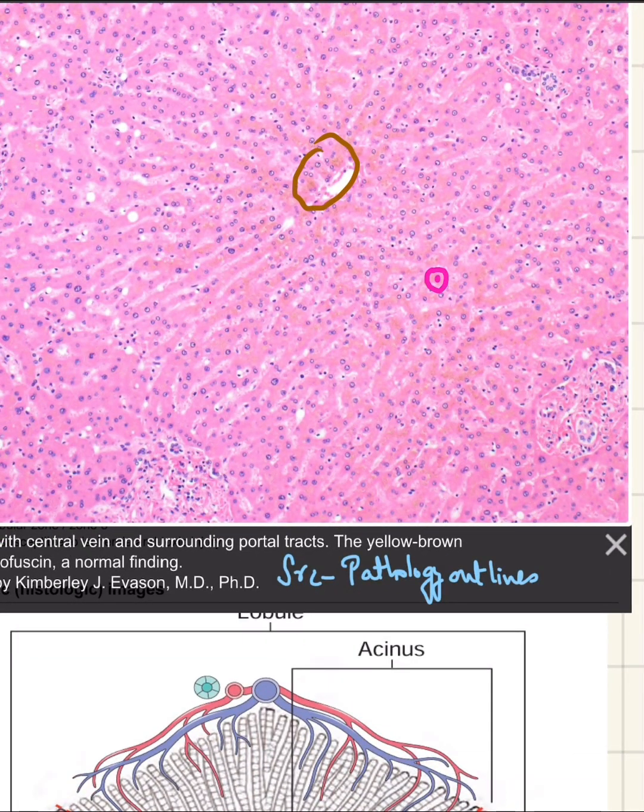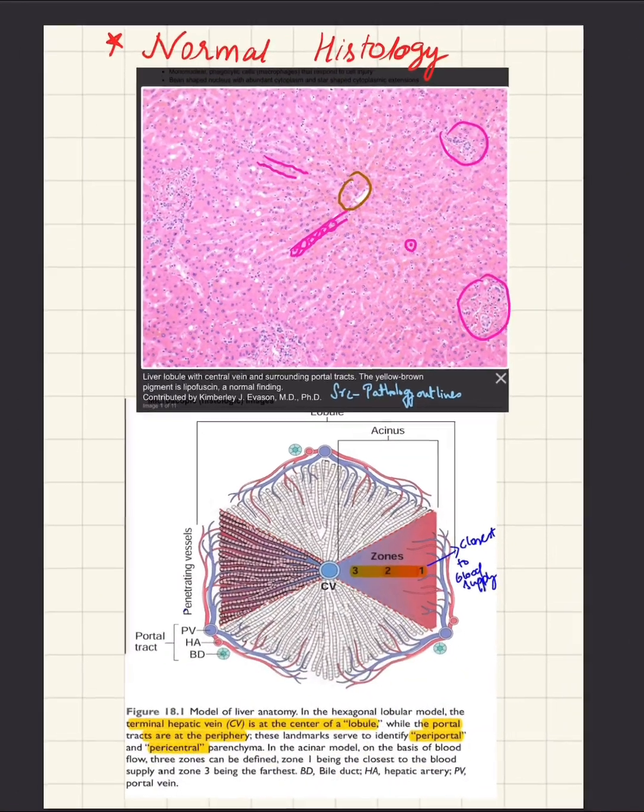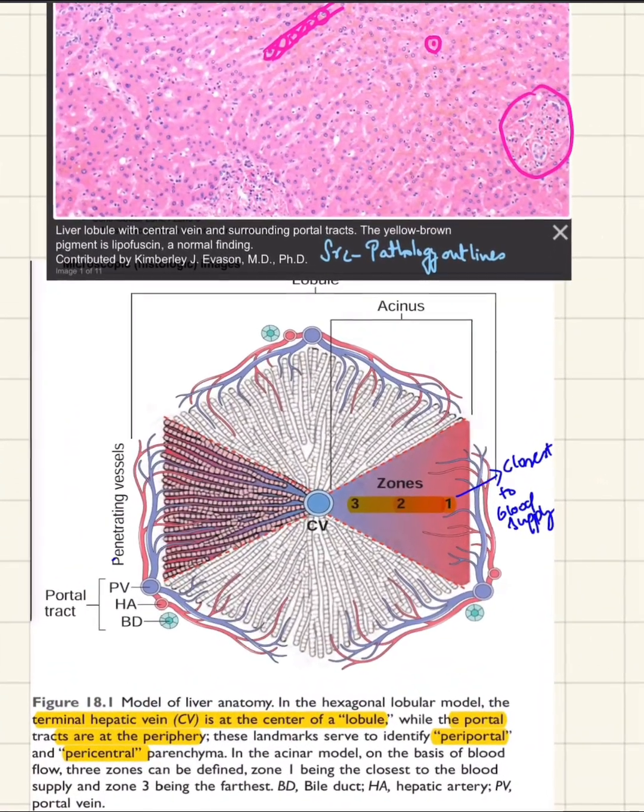So these are the plates of hepatocytes, which are composed of these round polygonal cells. Again, you can see these are the plates of hepatocytes. This is a central vein, and this is the portal region, which has got the portal triad. Now here this is a picture from the Robbins.